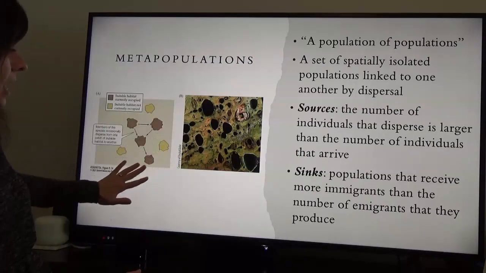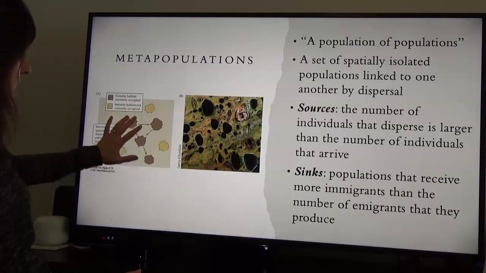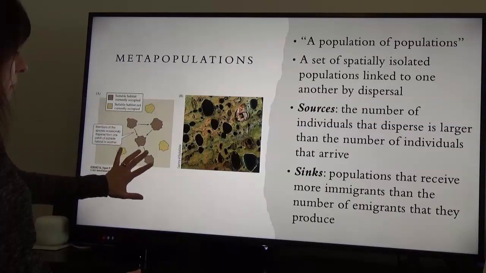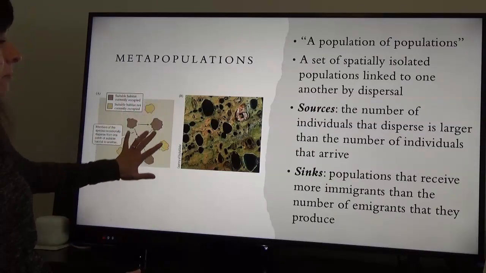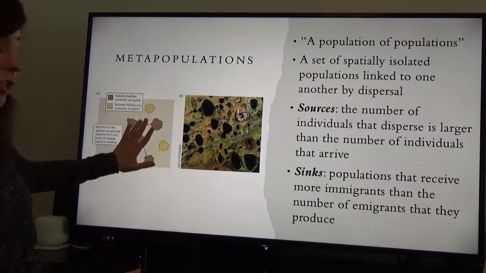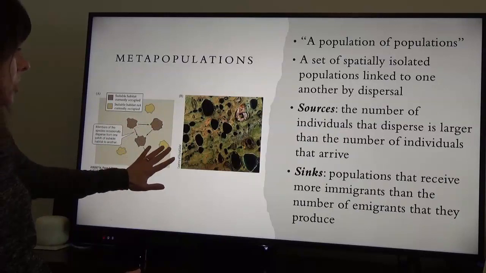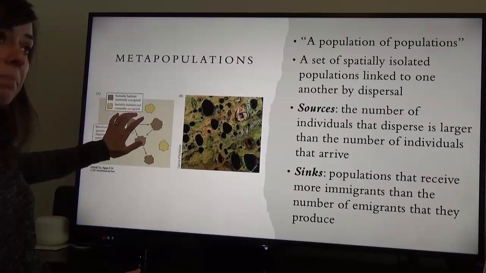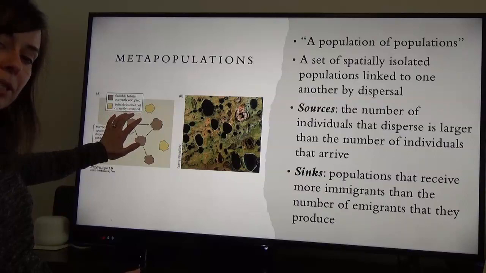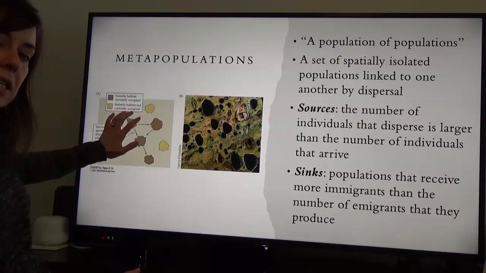All of these areas have the potential to support populations. In a metapopulation, we typically think about this blinking on and off of these different patches, that some patches will support populations, other patches will have suitable habitat to support populations, but will not have individuals present.